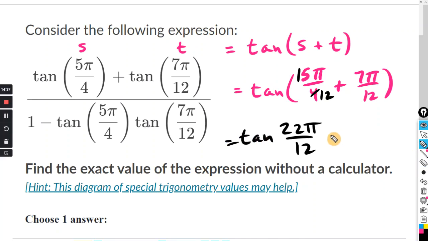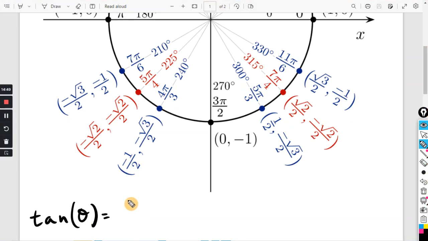And reducing, divided by 2 is 11. Divided by 2 is 6. We still have pi. We need to look for the tan on the unit circle, 11 over 6 pi. Recall the tan of an angle theta is equivalent to sine of theta divided by cosine of theta.